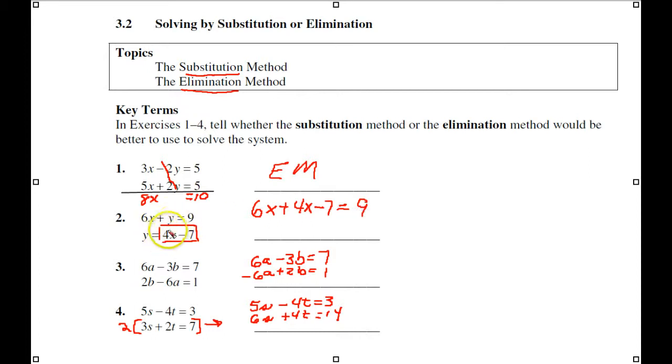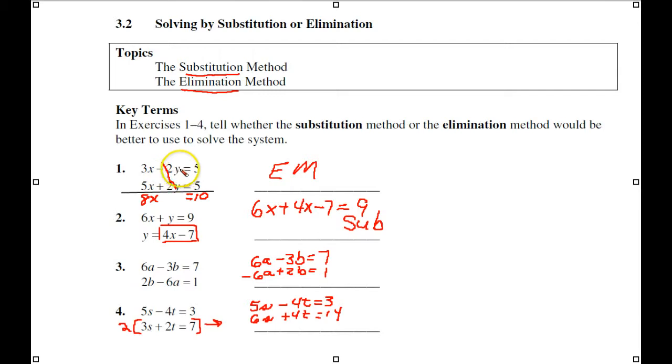Through the process of substitution, we have gotten rid of one variable, the y variable. And now we have an equation with only one letter, the x. And that's what we want to do.